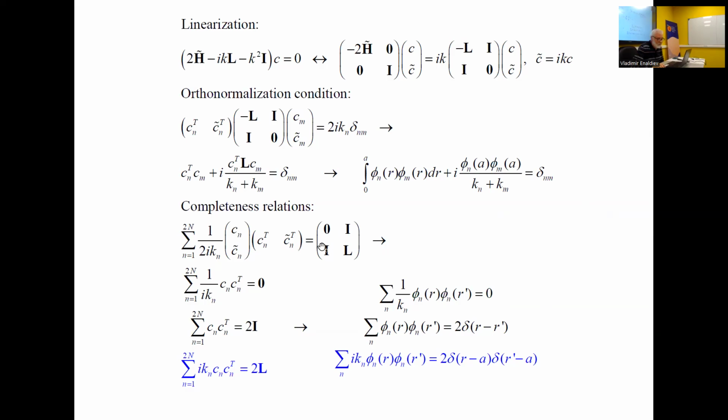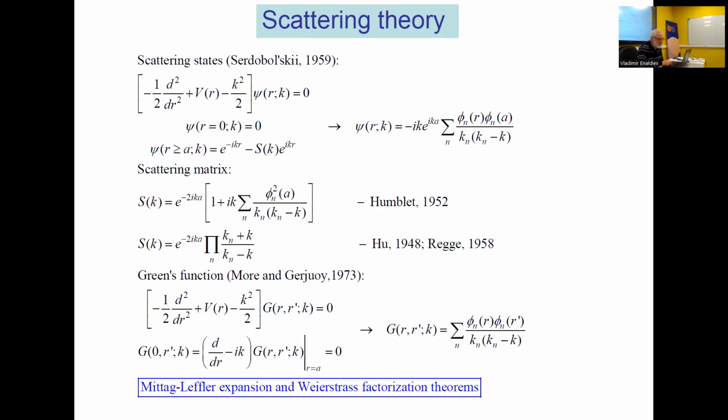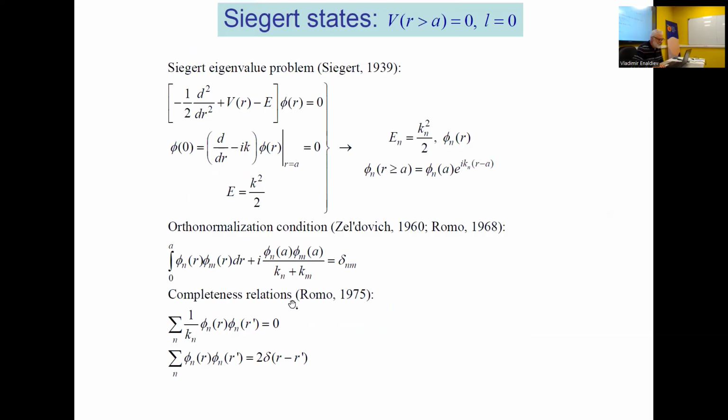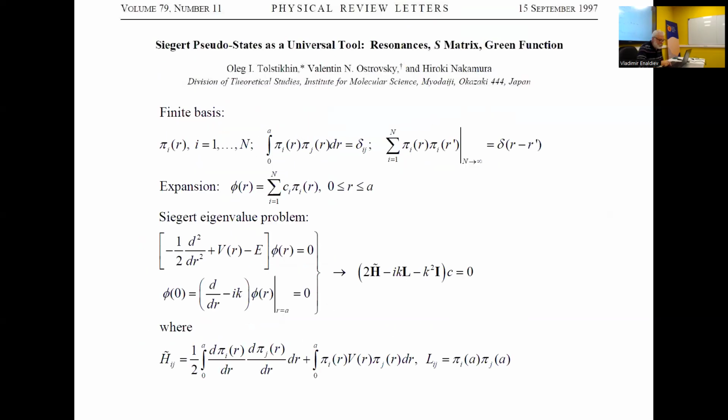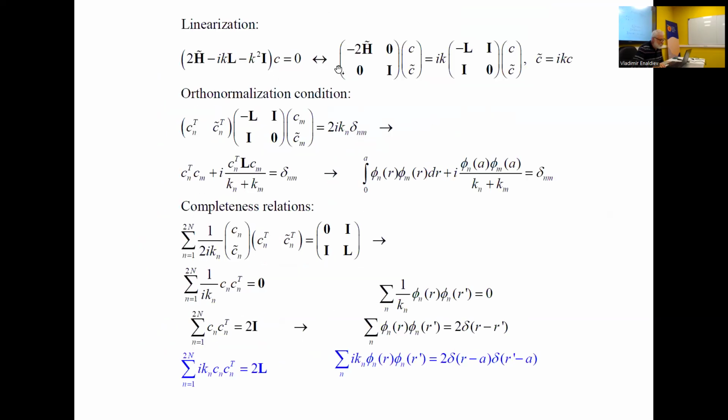If you don't know that you should look at completeness and orthogonality relations from the space of double dimension, then these properties look very strange to you. That is why it took 60 years to derive these results analytically within the original Hilbert space. When you switch to the space of double dimension, all these relations become trivial consequences of this algebraic eigenvalue problem, whose dimension is twice the original basis.